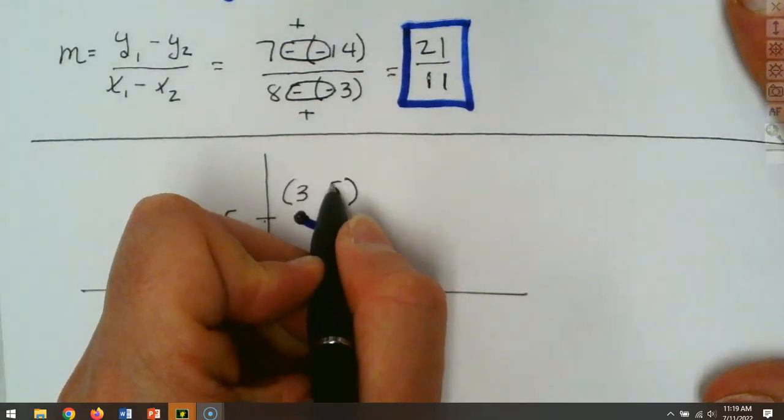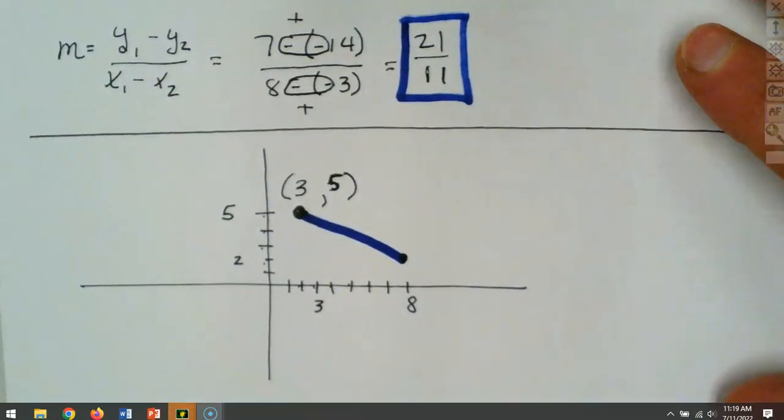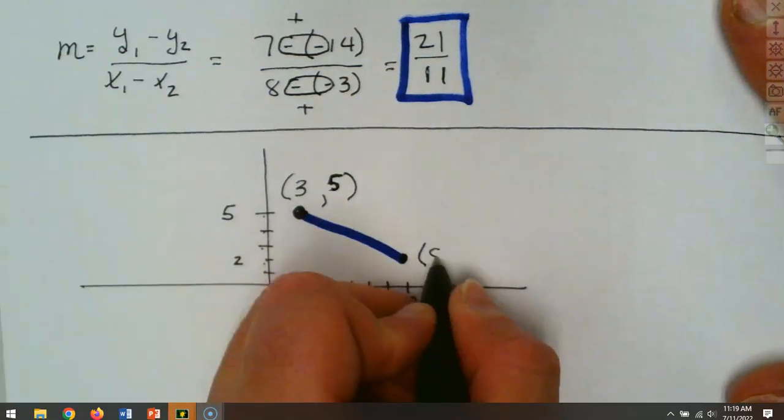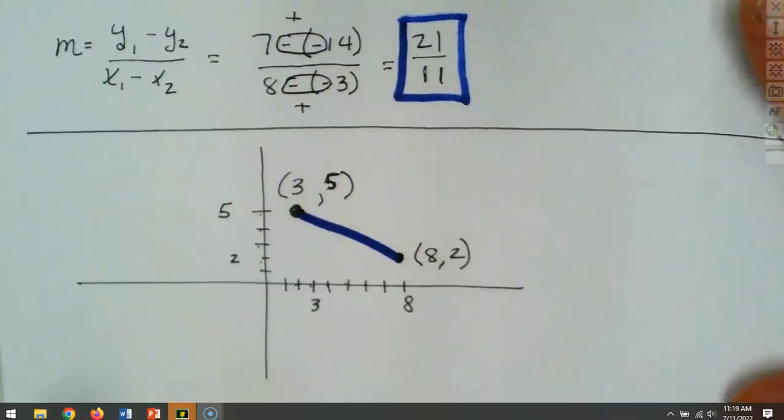So that's 3 comma 5. Remember, make sure the x goes first, y is the second component. And then this other point over here, if I read my graph, it looks like it's about 8 units over and about 2 units up. So you look at your graph and you find 2 points by just reading them off the picture.